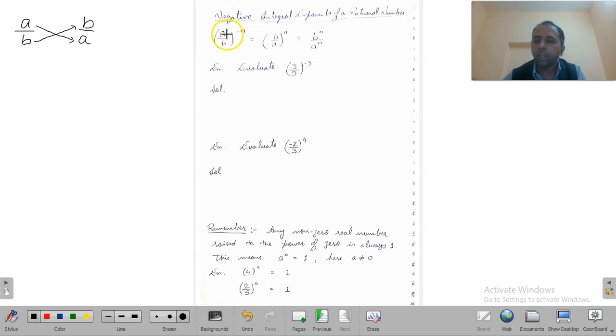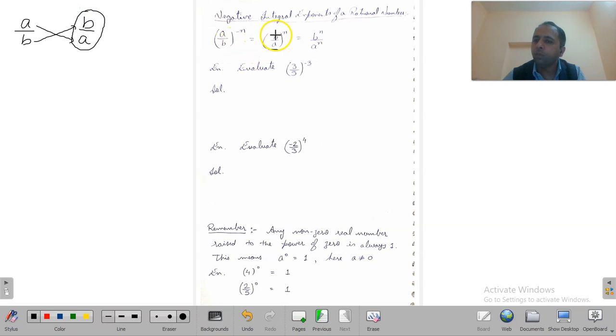So in order to make the exponent positive, what will we do? We will take the reciprocal of a upon b. And what is the reciprocal of a upon b? It is b upon a.